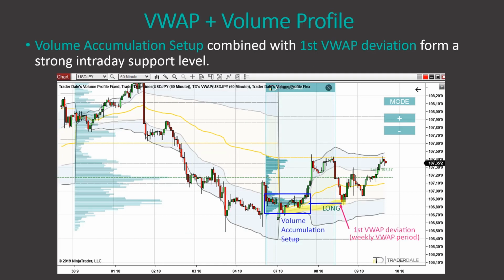Now one more example. This is a 60-minute chart, US dollar Japanese yen. And in here, as you can see right there in this rotation, massive volumes got accumulated. From this area, strong buying activity started. This indicates that in this heavy volume area, buyers were building up slowly their buying positions.